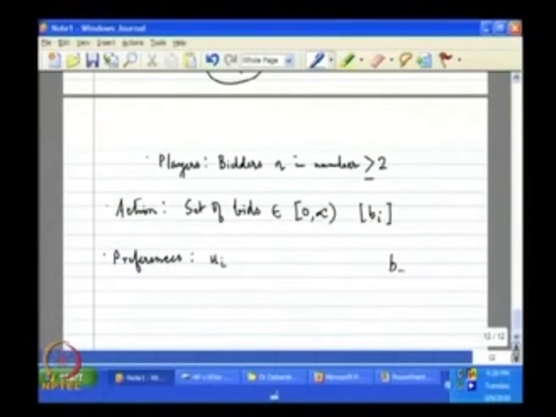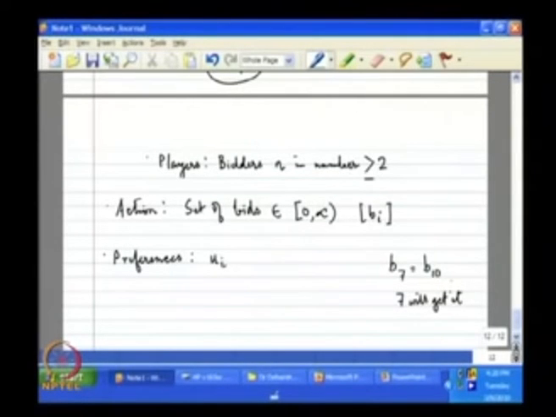For example, it may happen that Bi, the bid of player I, is equal to B1 or suppose B7, then who gets the object? So, this is a case of tie, and we will follow a rule of tie breaking, that if B7 is equal to B10, suppose, that is the bid of player 7 is equal to bid of player 10, and this is the highest, then 7 will get it.